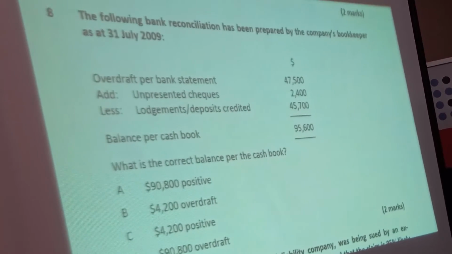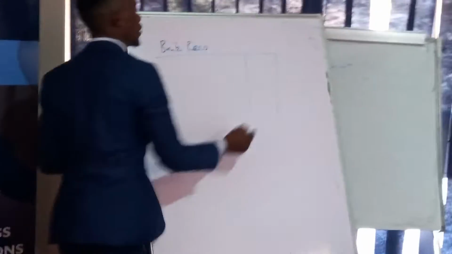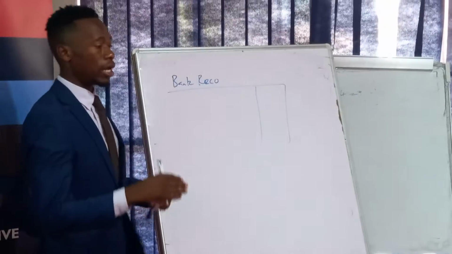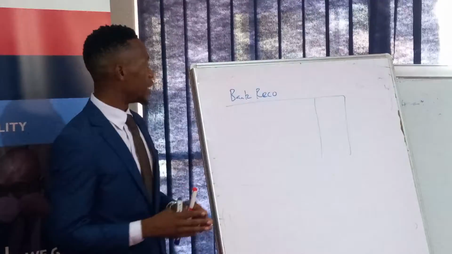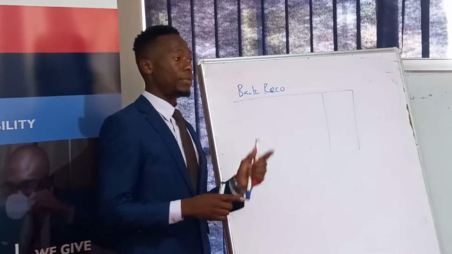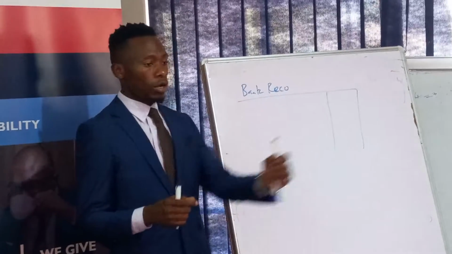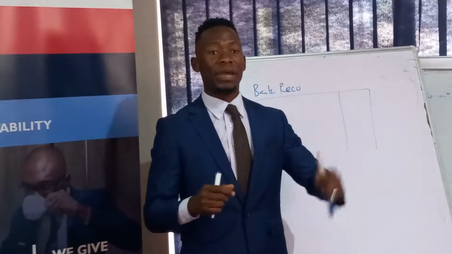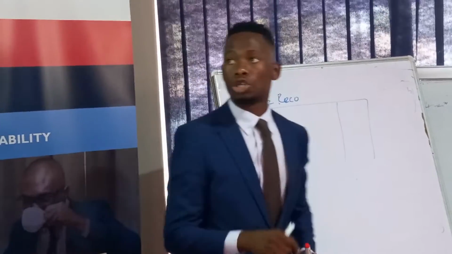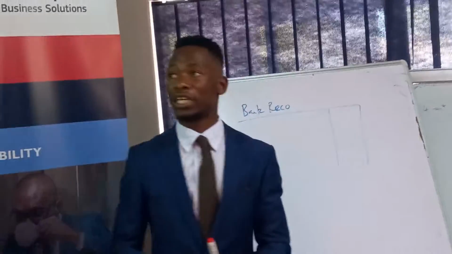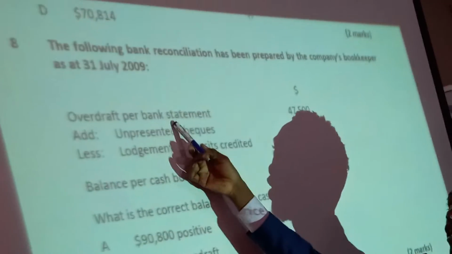Normally a business prepares a cash book account which has an opening balance that represents the amount that is in the bank, right? So we end up comparing our cash book balance with the one that is in the bank. We compare with the one that we get as per bank statement.